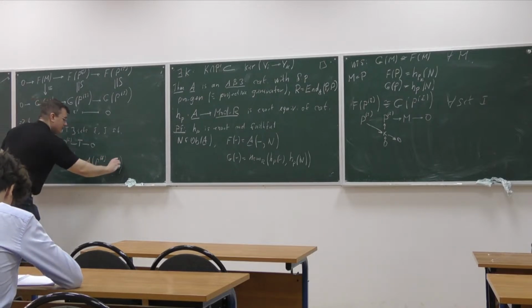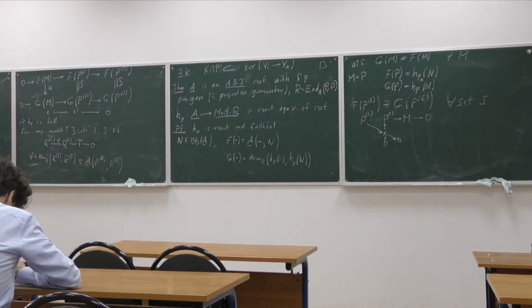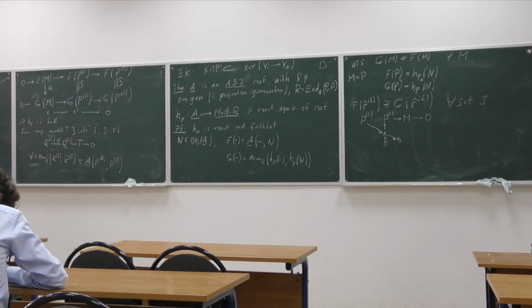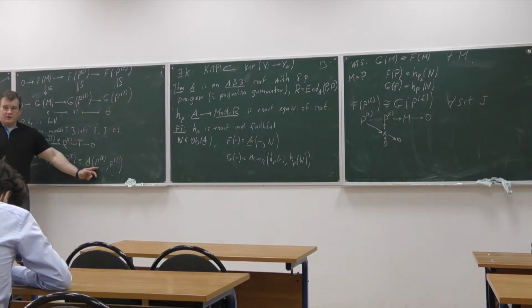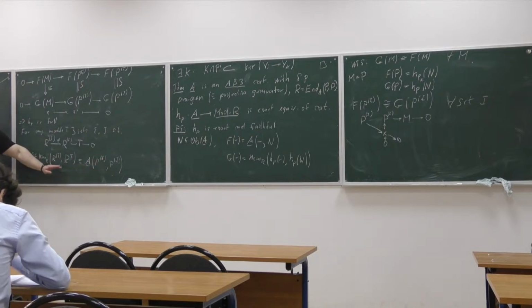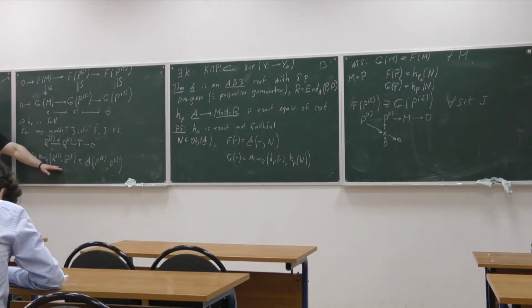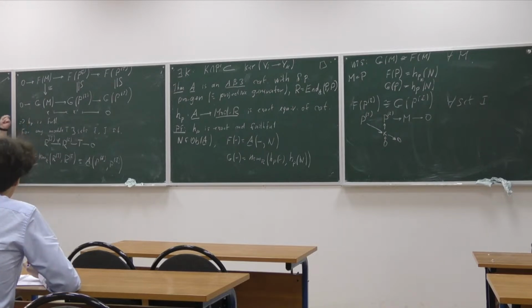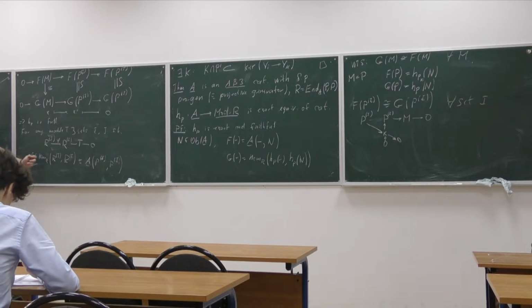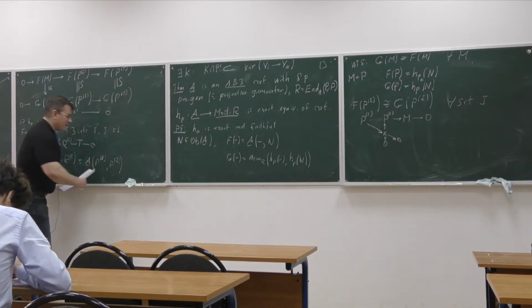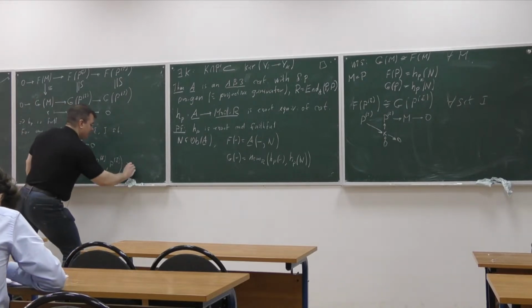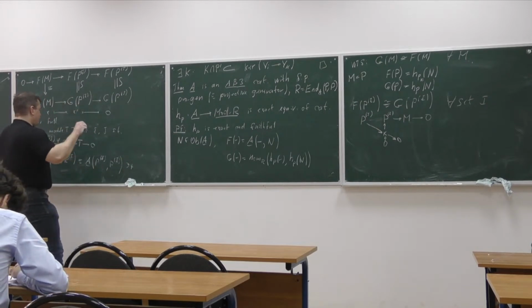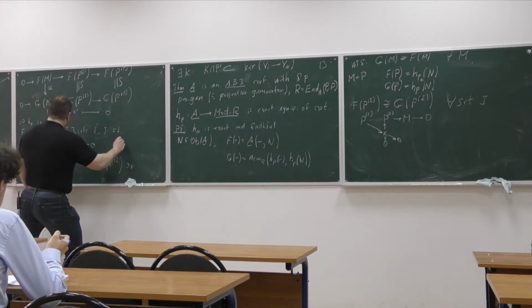This is by the fact that this is a fully faithful functor. If I start with such a Hom, apply h sub p to this thing, I'll get exactly this. So this has to be an isomorphism because this thing is fully faithful. But it means that for this phi, there is the corresponding psi that corresponds to phi under this isomorphism.